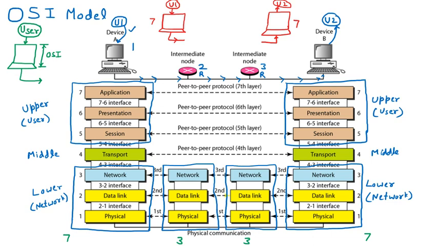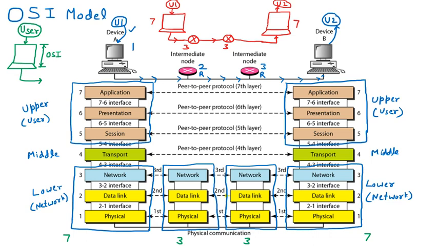Now let us suppose that you are adding routers in between. If you are adding one router, it is a network device, it will take 3 layers. If you have one more router, then again it is going to take 3 layers. So however many routers you place, that many times you have to mention the layers. So the OSI model for this particular diagram will be like this.